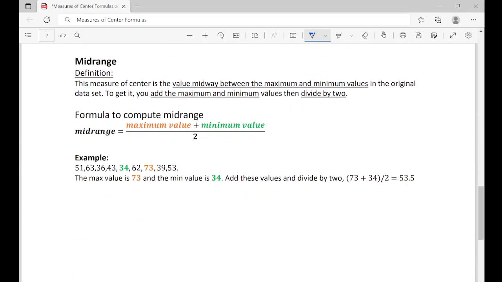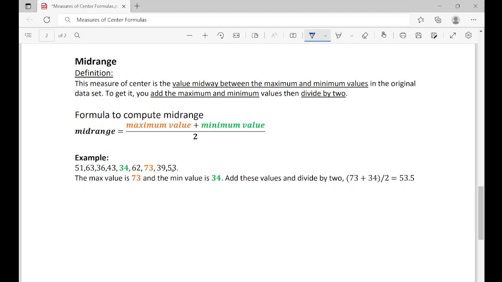The last measure of center is the mid-range. And this measure of center is the value midway between the maximum and the minimum values of the original data set. So to get it, you take the max and min, you add them together, then divide by 2. So the formula here is just what I said. Take the maximum value, add it to the minimum value, divide by 2.